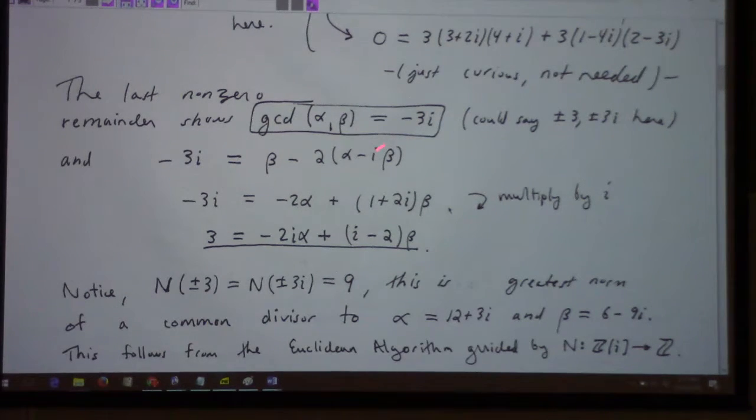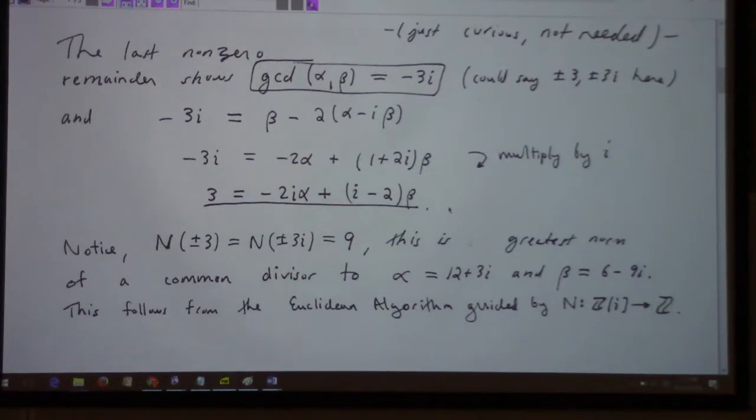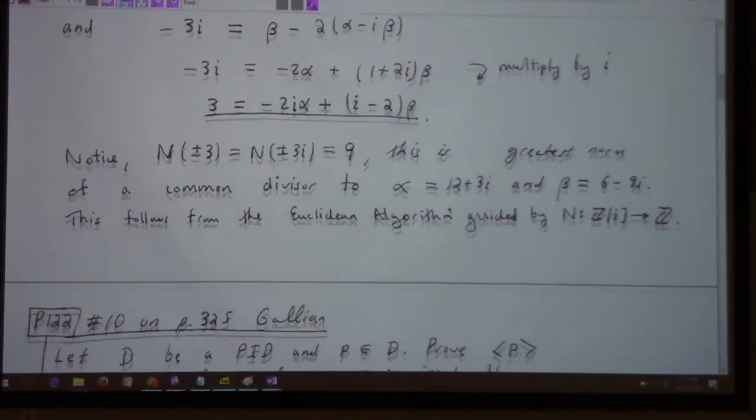You could reasonably say that the GCD is plus or minus 3 or plus or minus 3i here. In fact, to say it more properly, you should say that the GCD is an ideal. And it's the ideal which contains plus or minus 3 and plus or minus 3i. But we didn't quite get to that level of thinking in here, which is fine. So there's that problem.